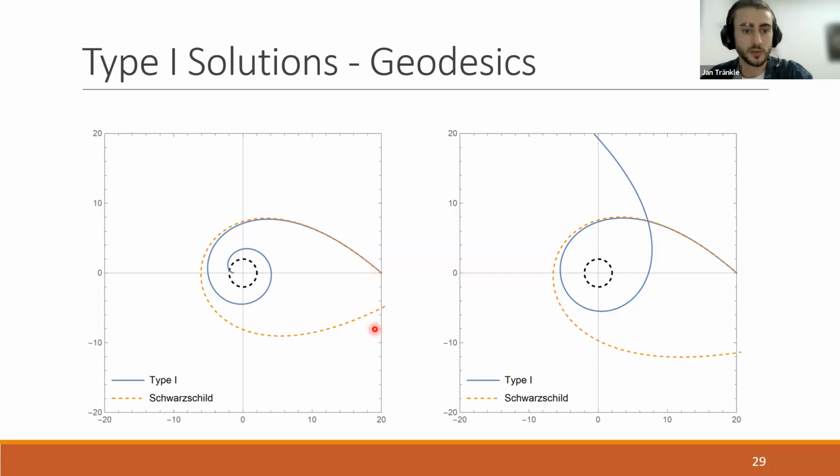In the type 1 solutions, you see that the gravitational attraction is stronger than in the classical case. Here we would have a trajectory where in a Schwarzschild spacetime the particle would escape back to infinity, but in these type 1 solutions, it is attracted towards the origin. We can also have these unbounded orbits where the geodesics lead back to infinity, but you see the deflection is still stronger than in the classical case.